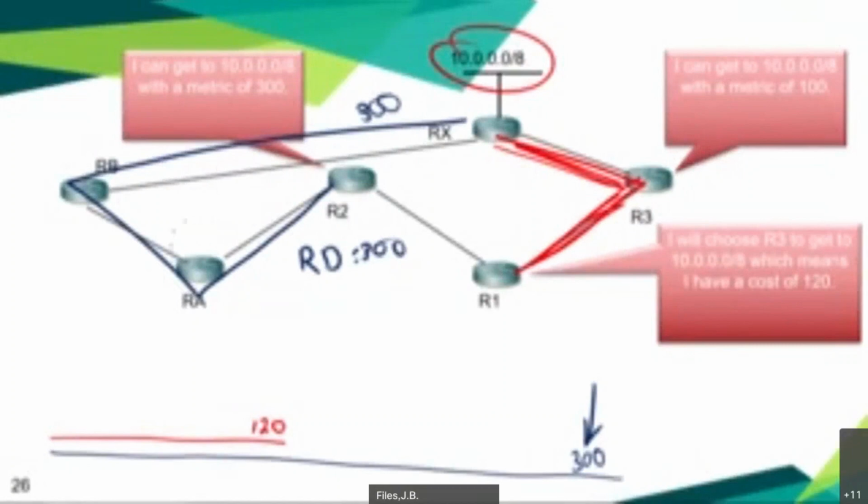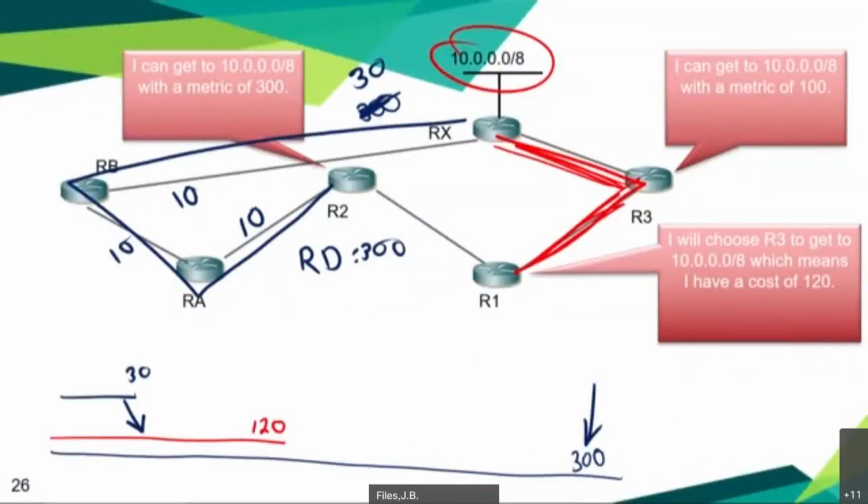Okay. Now what if all of these were high speed links and this distance was 30? That would make that line this long. Now, could this line be looping through the red one? No, because it's too short. Say this is a really slow link. So if R1 went that way, the cost would be 1,000 plus 30, which is why that's not the best link.